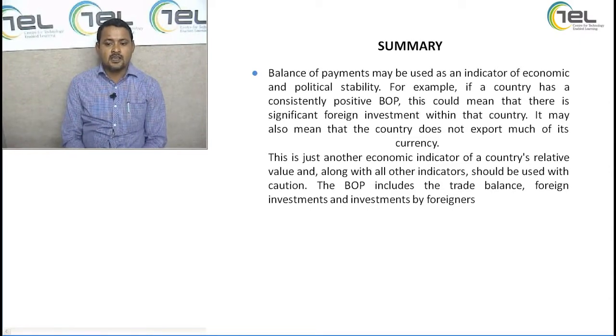So balance of payment is very necessary and may be used as an indicator of economic and political stability of a country. It also goes on to show the economic growth and economic empowerment of a country. It may also mean that a country doesn't export much of its currency because it earns a large amount of currency from exports.